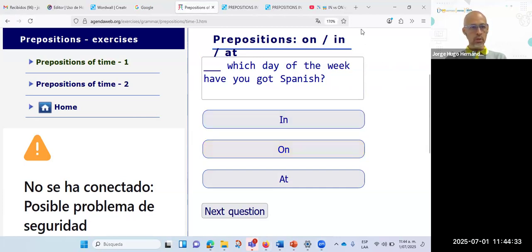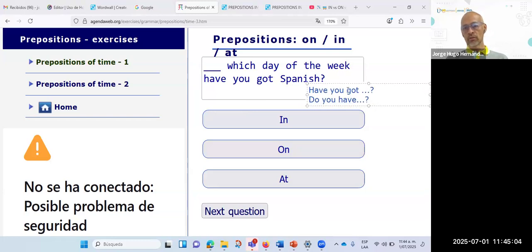And I'm going to explain something up here. Here we have the question, have you got? This have you got is the same as do you have? It's the same question. Sometimes this structure is more used by British people, and this is more common for American people, but it's the same.